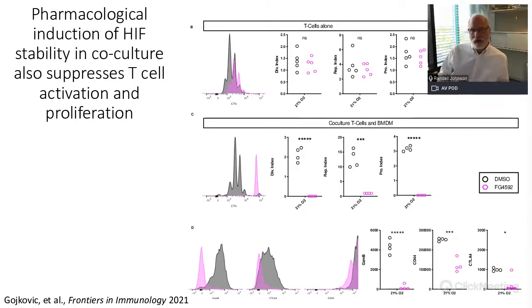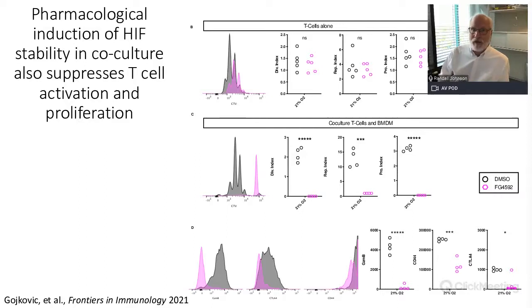Now, of relevance to thinking about pharmacological manipulation of this pathway, we saw something quite interesting, which was that if we used a prolyl hydroxylase inhibitor, which is similar to some of those being employed already in the clinic to induce, for example, increased erythropoiesis, FG4592.